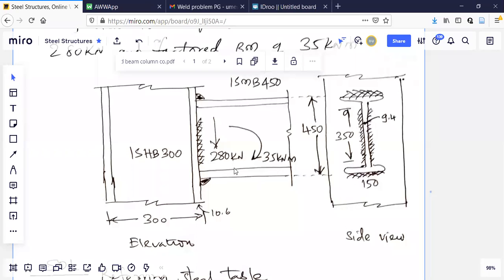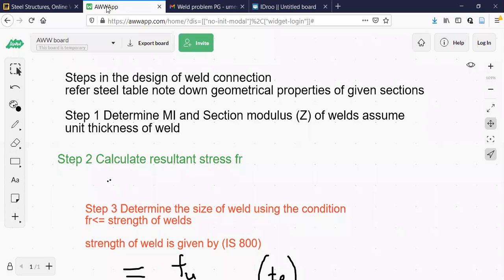When you look at this figure, how do you start the solution? How to go about it? Steps in the design of weld connection: refer to the steel table and note down the geometrical properties of given sections. Beam and column sections are both I sections.